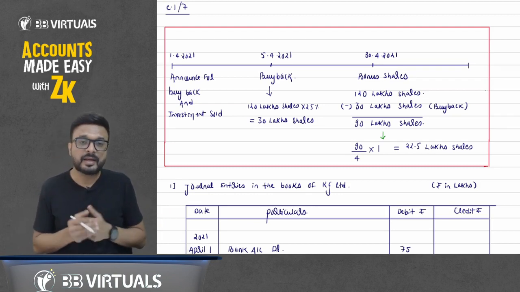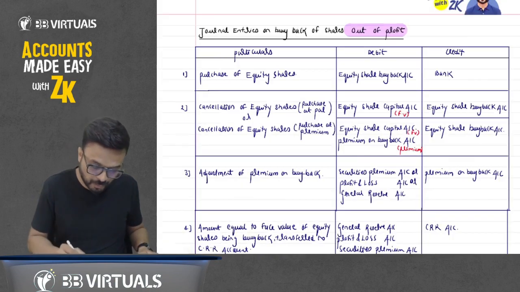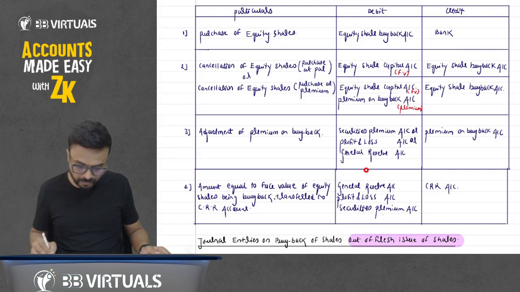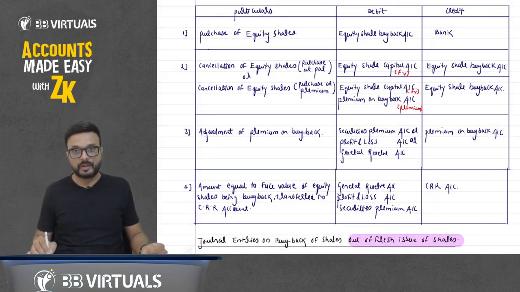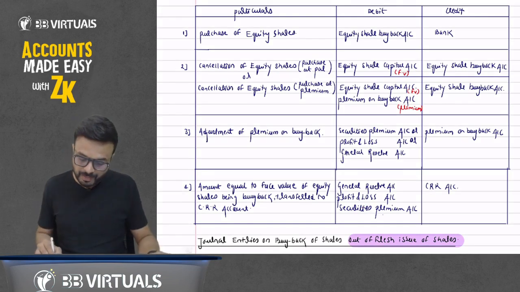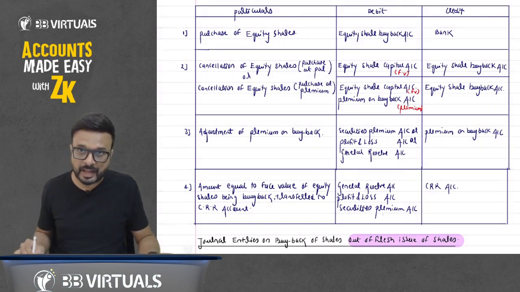So when it is buyback of shares out of profit, we have to pass the entry for transfer to CRR account. But remember one thing, the premium on buyback has to be adjusted.